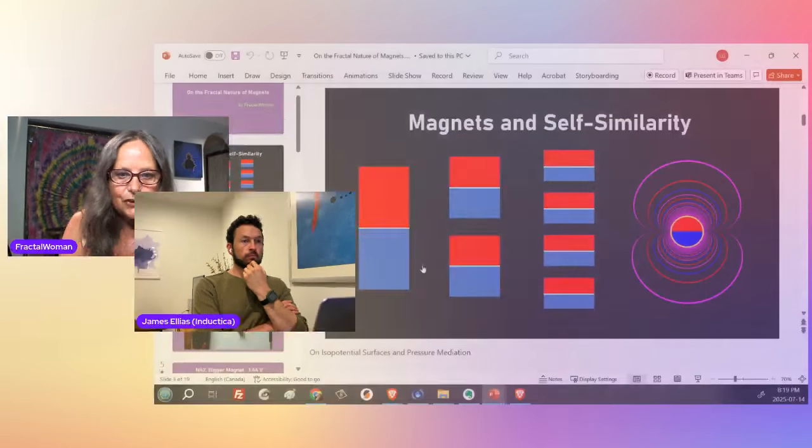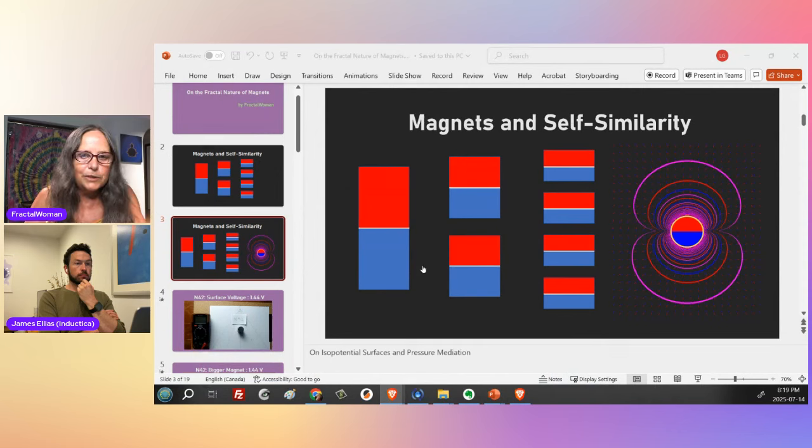The magnet has the property of self-similarity because when you take a magnet, and I think I have a slide on that, just a sec, I'll bring it up. It's easier to see here. A magnet has the property of self-similarity because when you break a magnet in half, you get two magnets, the same as each other, but self-similar to the original.